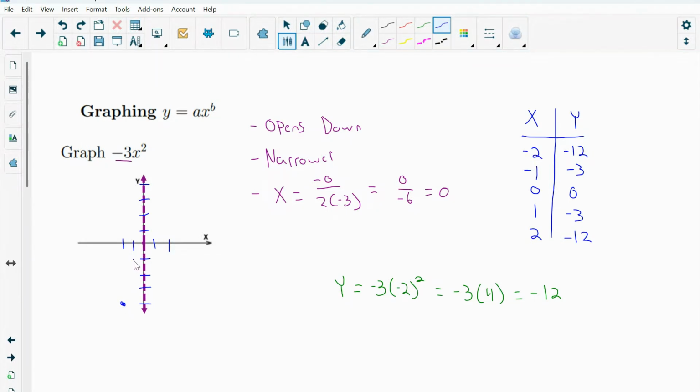Negative 1, negative 3. 0, 0. 1, negative 3. And 2, negative 12. This is going to give me a quadratic function that looks something like this. As you can tell, this is a parabola because it is U-shaped.